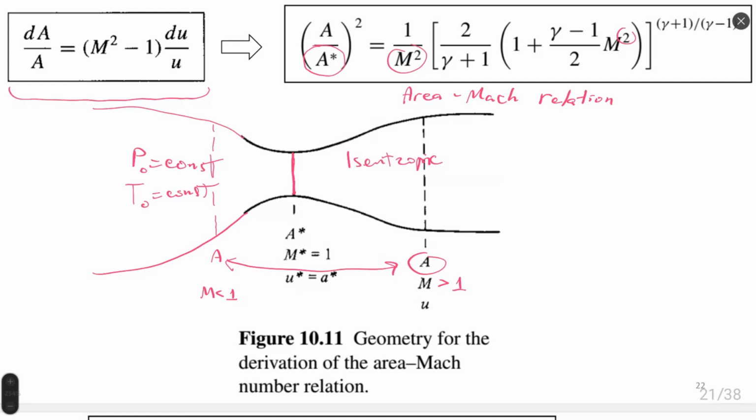And it simplifies our life a lot because we can use the isentropic relations presented in chapters 8 and 9. And these equations can complement the flow model of area Mach relation. So knowing the Mach number, using isentropic relations and considering constant stagnation pressure and temperature, we can calculate all other thermodynamic and flow properties in our nozzle.